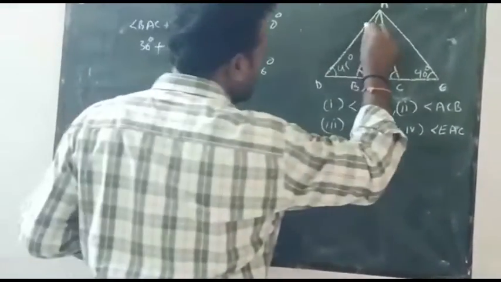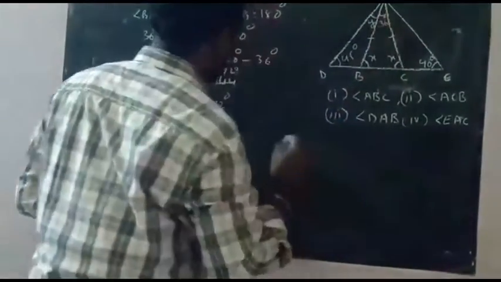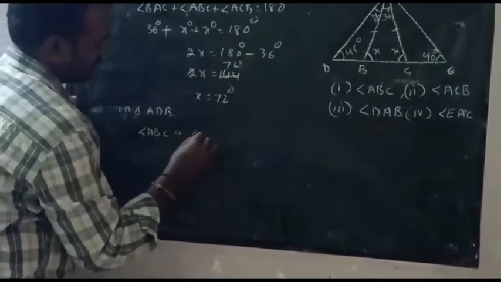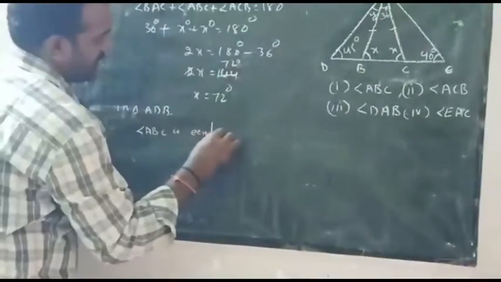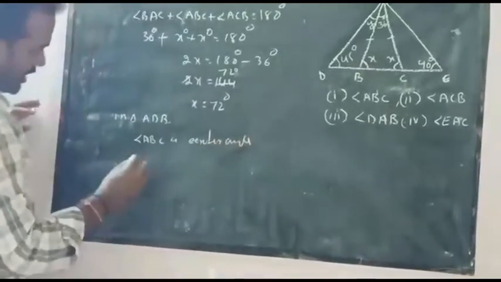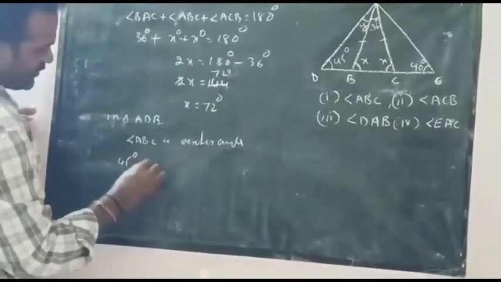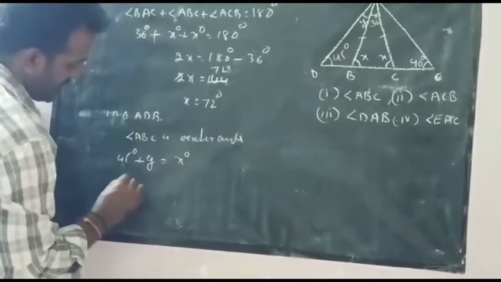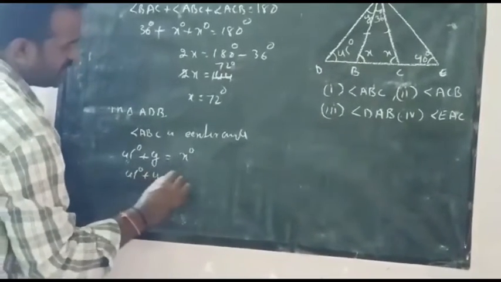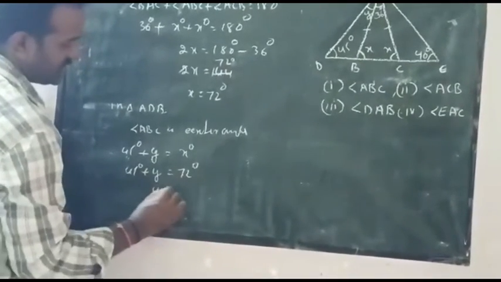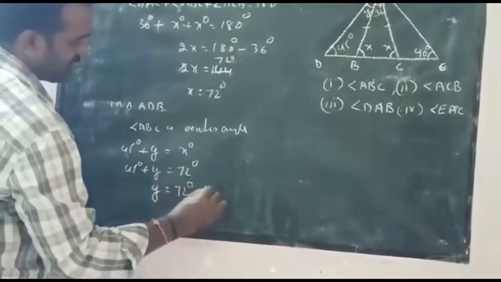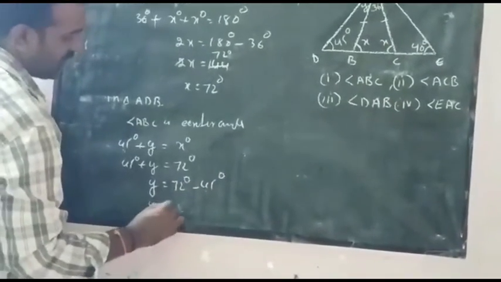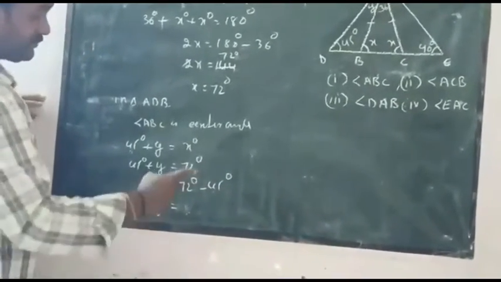So this angle you can take as y. So 45 degrees plus y is equal to x degrees, which is 72 degrees. So y is equal to 72 degrees minus 45 degrees.